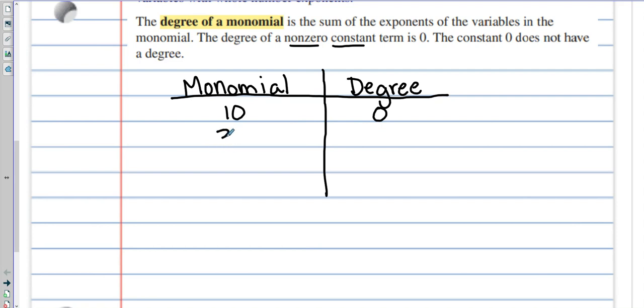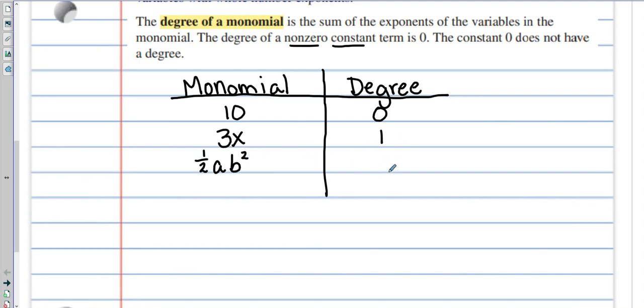Another example, if we have 3x, you can tell that this is a monomial as well. And the degree here is, you want to look at the exponent of the variable only, okay? So the exponent of the variable is an invisible 1, so the degree is 1. Then we have this example. Let's say we have 1/2 a b to the second power.